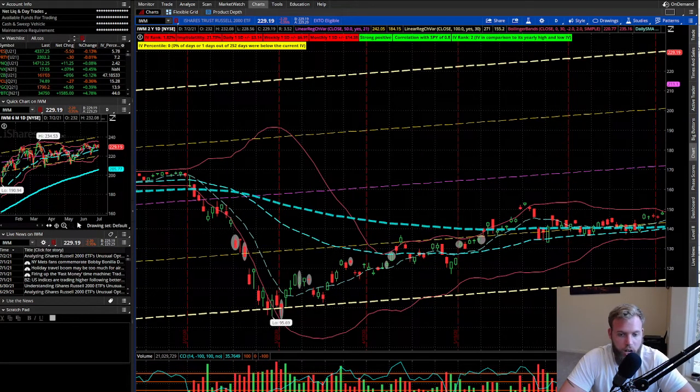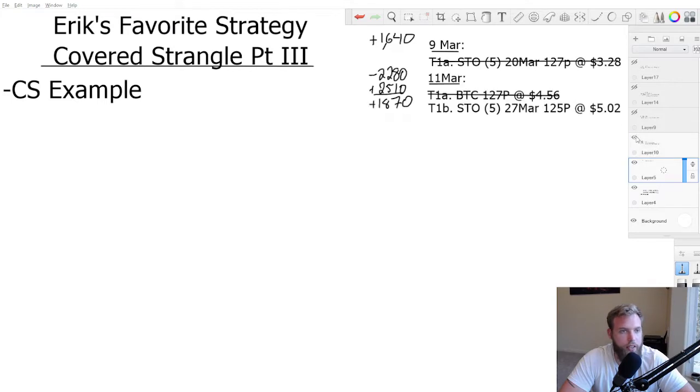So moving on, you'll see on the 11th of March, I ended up taking in those 127 puts, paying $4.56. So that's that 22.80 you see there. And then I rolled them out to the 27 March 125 puts, collecting $5.02.